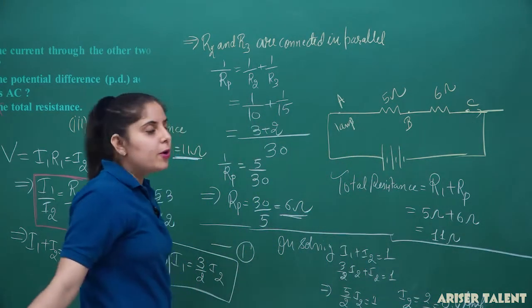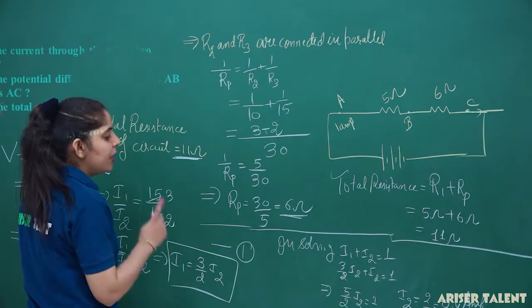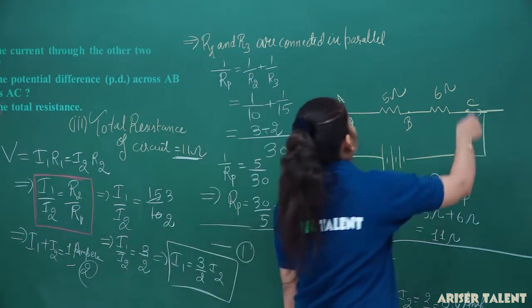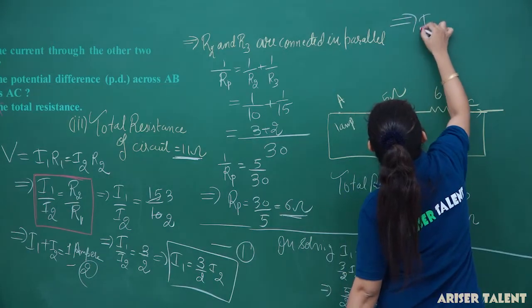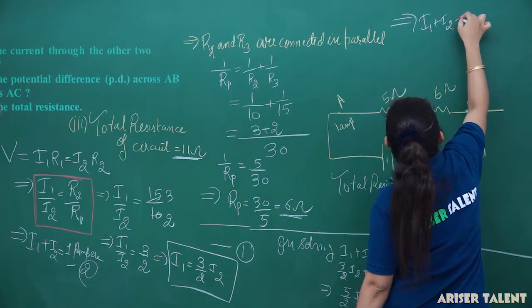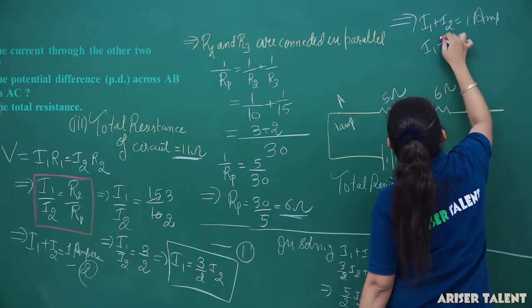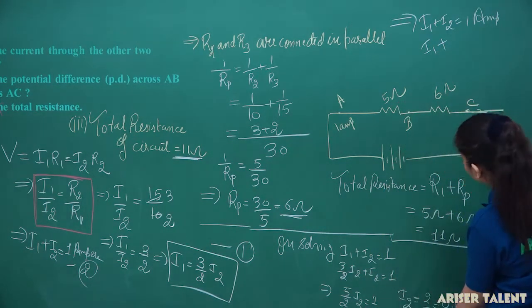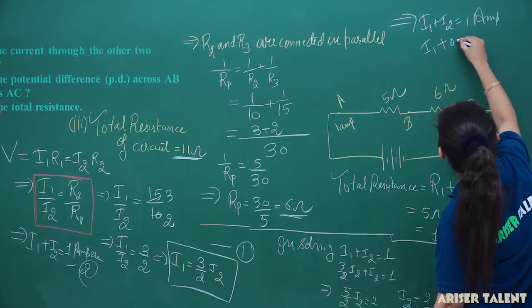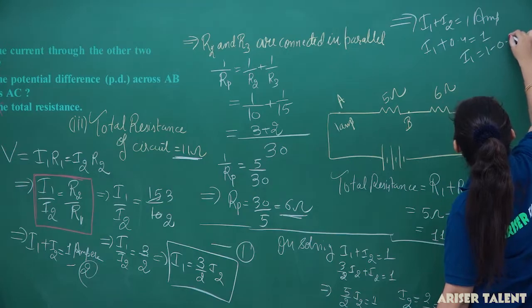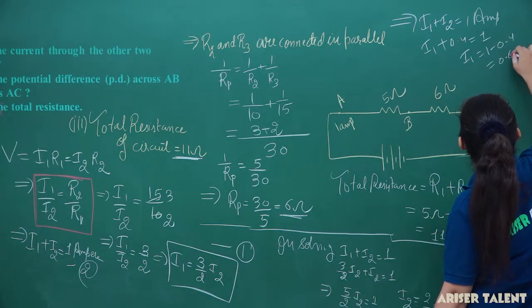I2 came out to be 0.4 ampere on solving this equation. If I2 is 0.4, the value of I1 will be 0.6 ampere. So we can write that I1 plus I2 equal to 1 ampere. I1 we have to find out, and I2 here we are getting is 0.4 ampere. So I1 came out to be 1 minus 0.4, that is equal to 0.6 ampere.